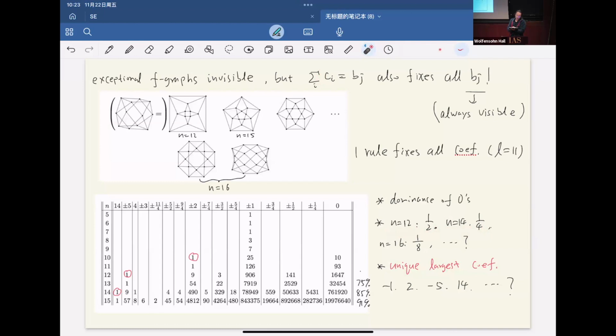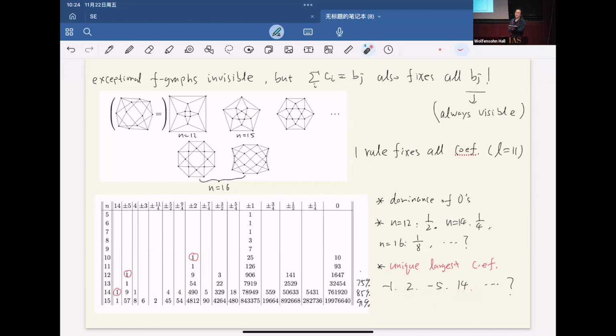But I want to draw your attention to this unique graph that has the largest coefficients. So at every even loop, there's some unique graph that has a coefficient that's the largest in magnitude. For example, you have this 2 at 6 loops, -5 at 8 loops, and 14 at 10 loops.